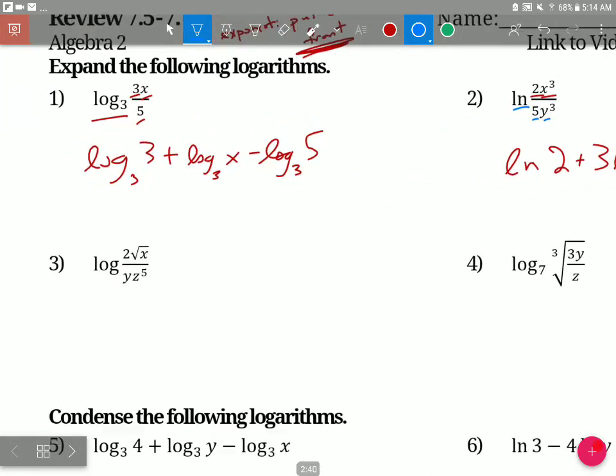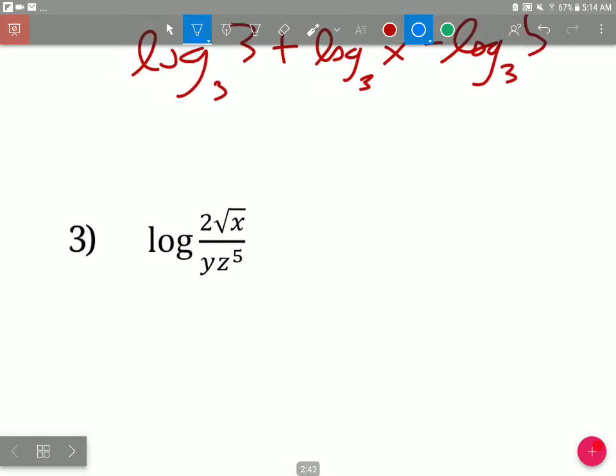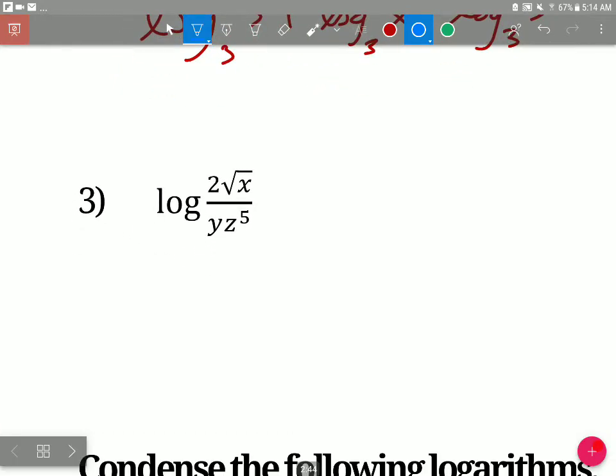The next one is the same idea, but it's got one little thing in it. This guy right there. Remember, a square root of x is the same as x to the 1/2. So that root is an exponent.